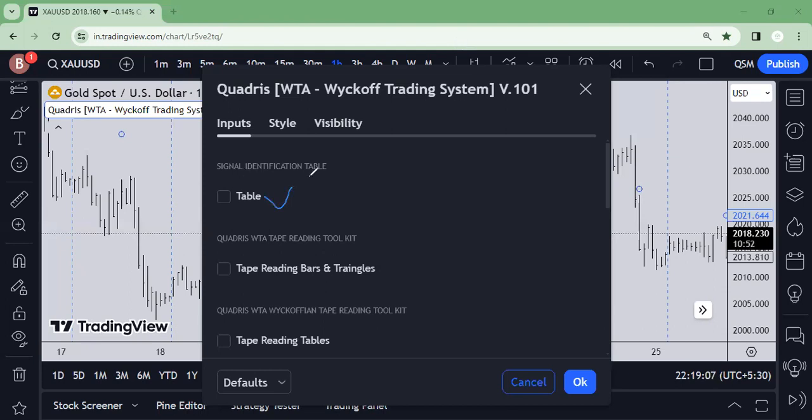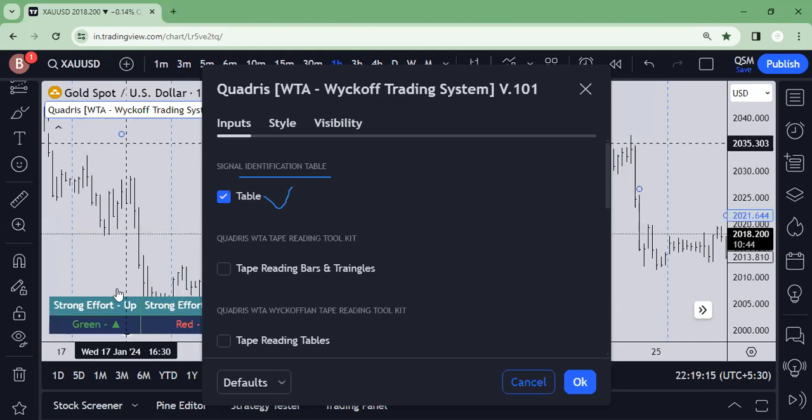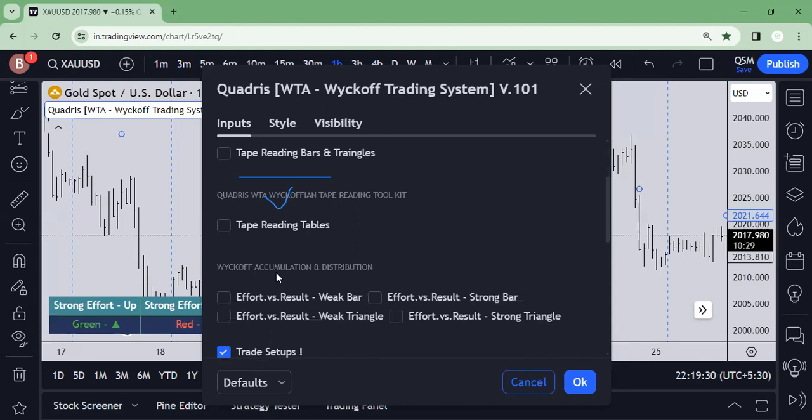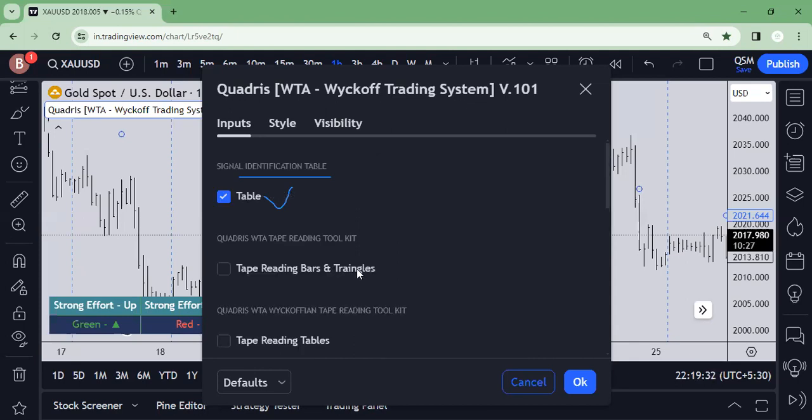First we have the signal identification table, which refers to accumulation and distribution, which falls under Wyckoff accumulation and distribution.